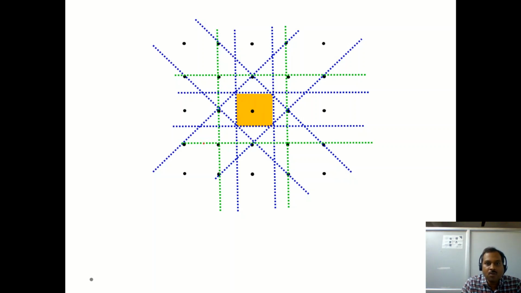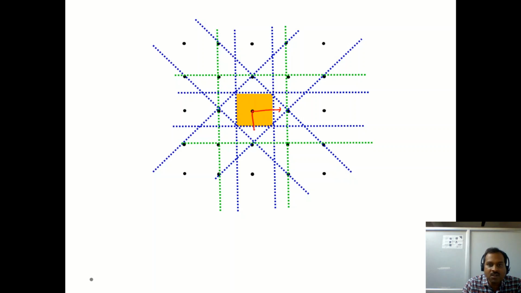Now when you go to the higher order Brillouin zones, we have to draw the perpendicular bisectors corresponding to the higher order lattice points, which are designated by the green color. To construct the second order Brillouin zone, we follow the rule that we can cross only one Bragg plane. That means we can go from here up to this, then this Bragg plane is there, we cannot cross it, then this one is there, we cannot cross it.